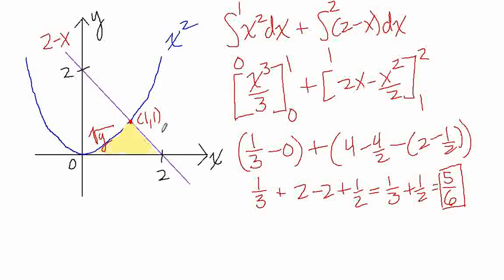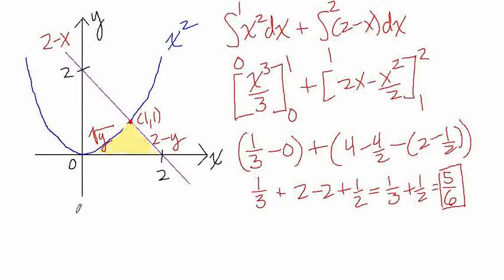For the purple line, we will use 2 minus y. 2 minus x is an interesting function because the inverse function and the original function are the same function: if you replace x with y, you get the inverse function.